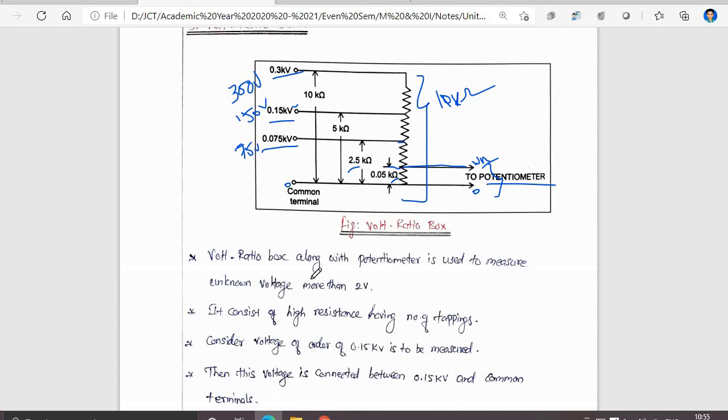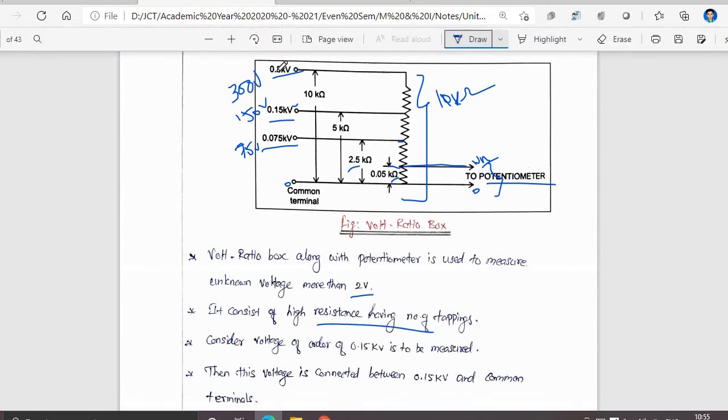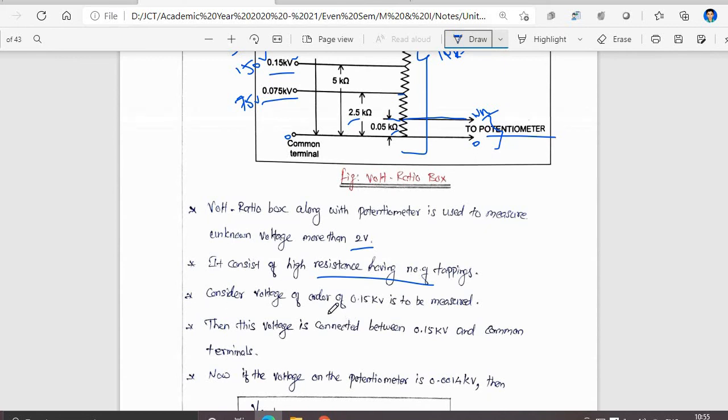Here the volt ratio box along with the potentiometer is used to measure unknown voltage of more than 2 volts. Initially it is at 0, so we can measure more than 2 volts in the output section. The potentiometer circuit consists of a high resistance having a number of tappings. Here we are taking 3 tappings, and consider a voltage of order 0.15 kV is to be measured.